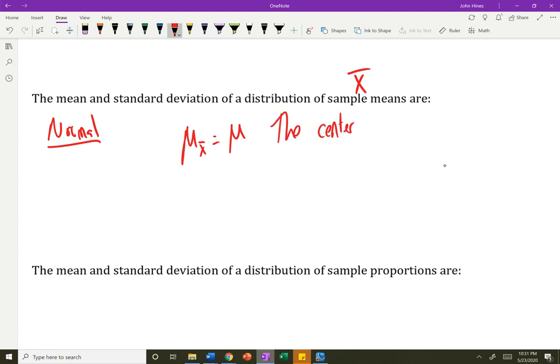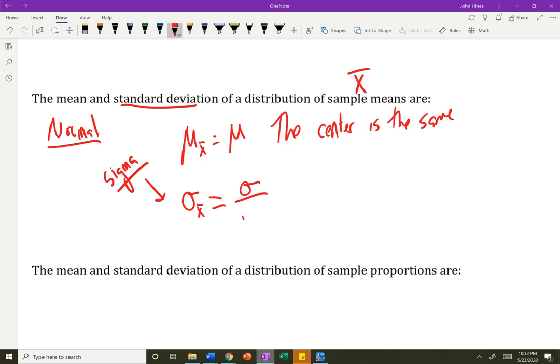The center is the same. But the standard deviation of the sampling distribution, we use this Greek letter sigma here. The standard deviation of my sampling distribution is my original standard deviation divided by the square root of my sample size.